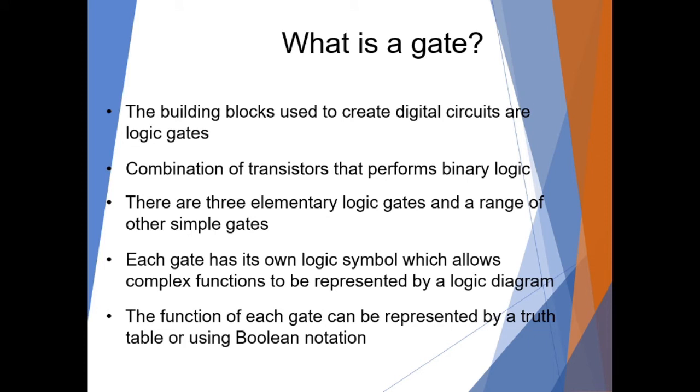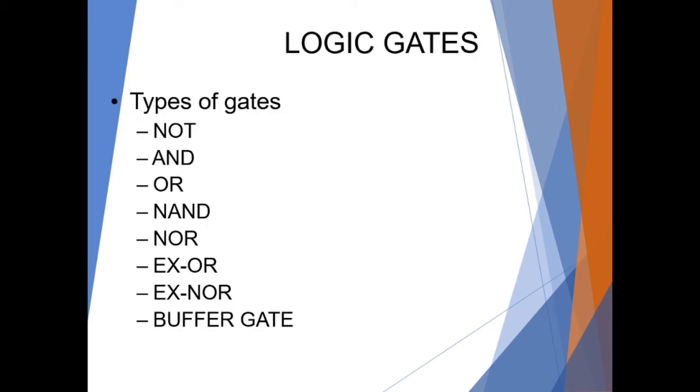There are three elementary logic gates and some other symbol gates. Let us discuss all in detail. Each gate has a logic symbol and a truth table. Let us see. These are the types of gates we are discussing: NOT, AND, OR, NAND, NOR, XOR, XNOR and buffer gate.